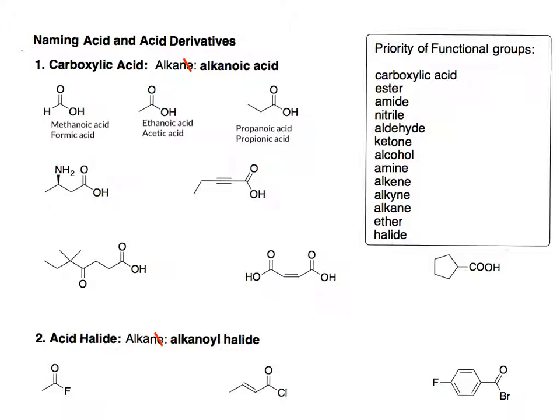And because there is stereochemistry here, when you name this molecule, you also need to identify the stereochemistry. And for this particular molecule, the stereochemistry is R. When the amine is a substituent, its name is amino.